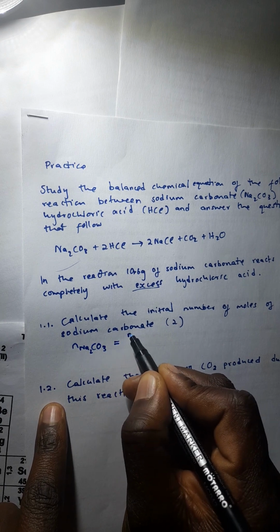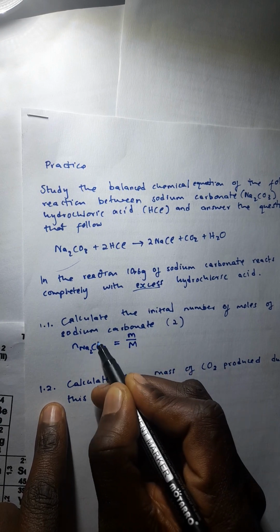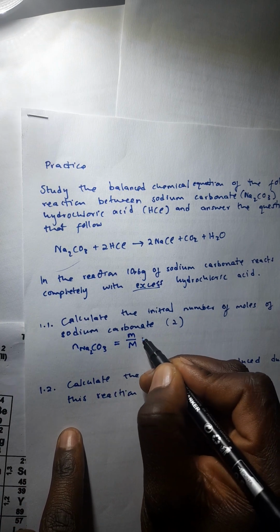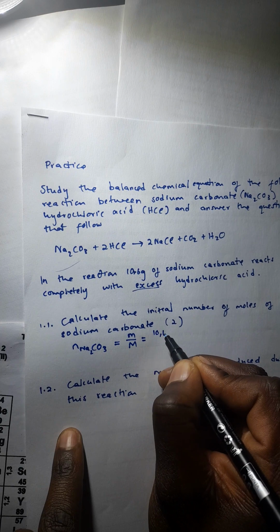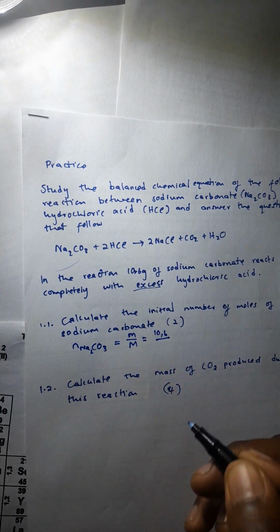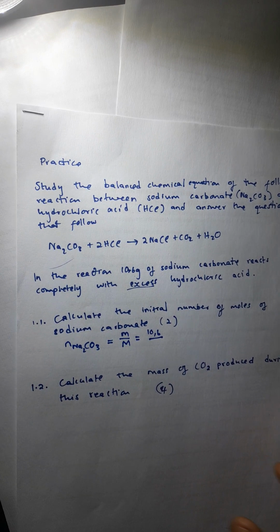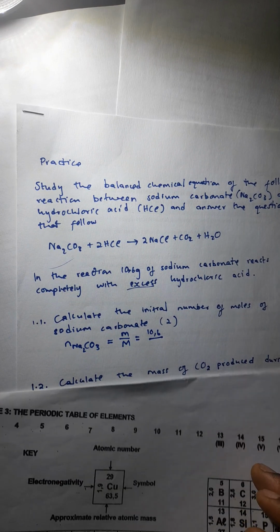It's going to be mass over molar mass. You don't have to put the subscript for sodium carbonate there. What is the mass? It's 10.6. From the periodic table, what is the molar mass of sodium carbonate?